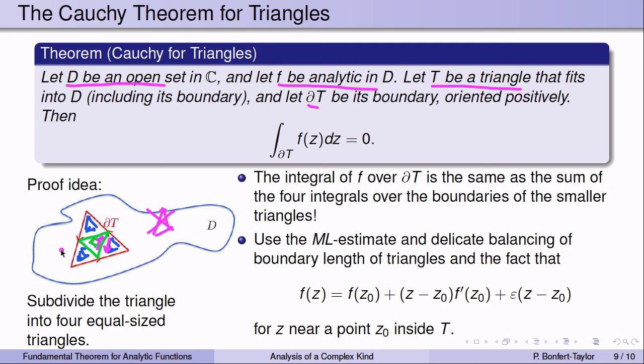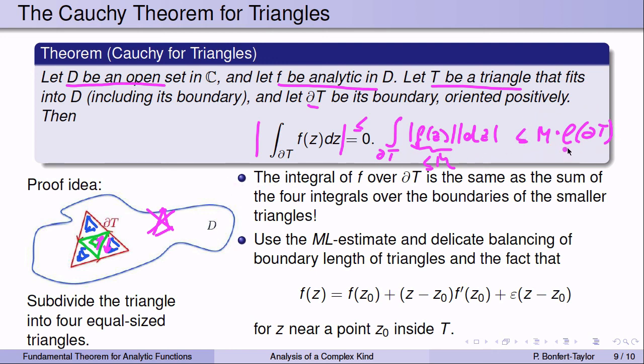We then use the ML estimate. Remember, that was the estimate for the absolute value of the integral, and that was bounded above by the integral over the boundary of T of the absolute value of f(z) dz. And so if the absolute value of f(z) was less than or equal to some constant M, that was less than or equal to M times the length of the boundary of T. So that's the kind of estimate we use.